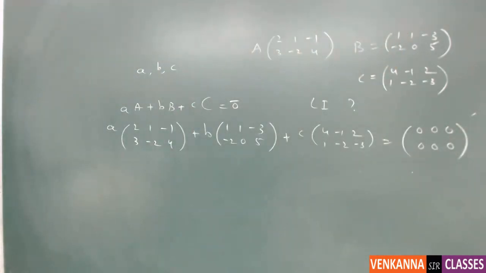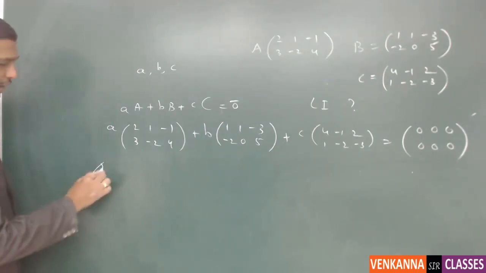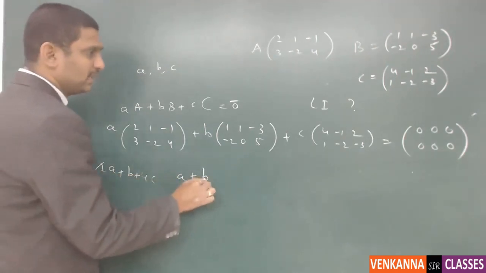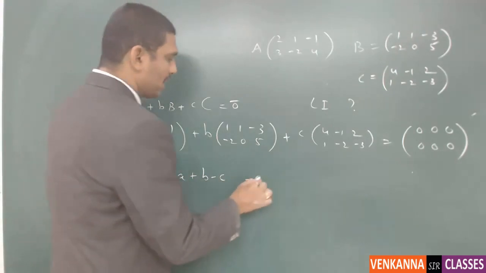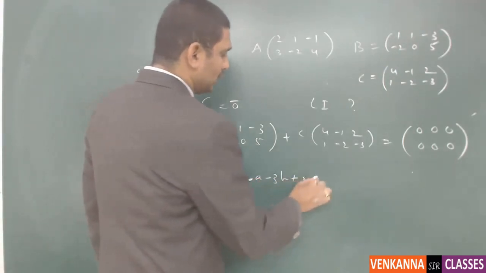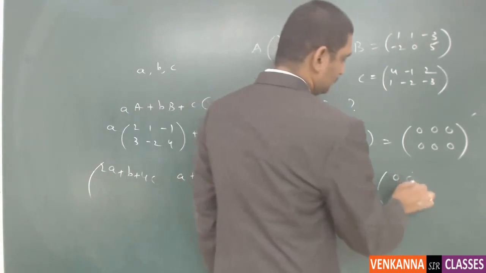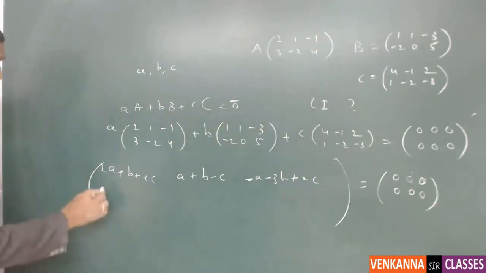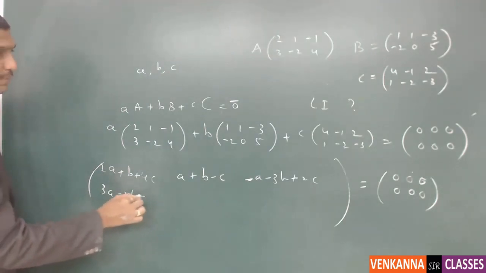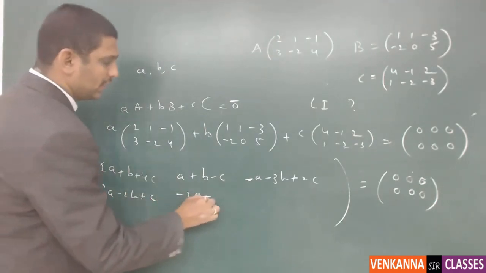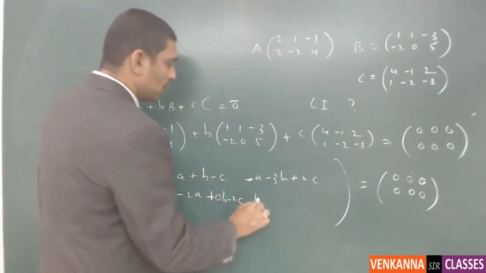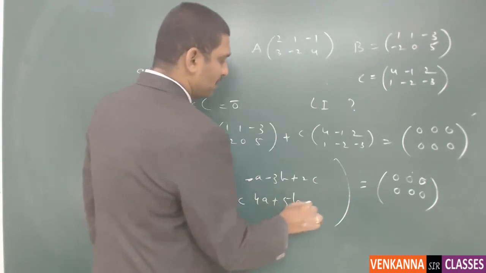Now what happens? You will have the respective equations on summing up the three matrices. So you have 2a plus b plus 4c, a plus b minus c, minus a minus 3b plus 2c, 3a minus 2b plus c, minus 2a plus 0b minus 2c, 4a plus 5b minus 3c.